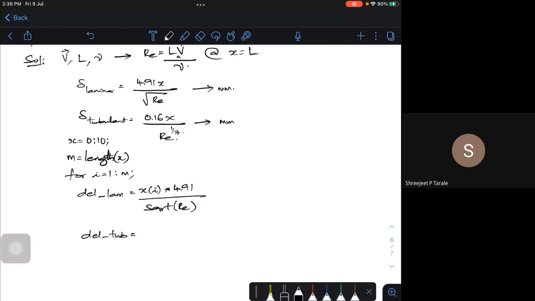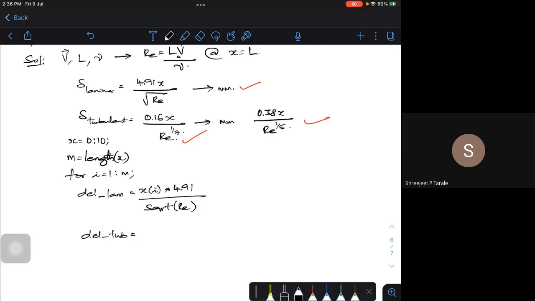There are two formulas. One is 0.16, and one more formula is 0.38 divided by RE to the power of 1 upon 5. Either you can use these formulas to calculate the delta turbulent, or for a given condition, these formulas have to be derived, or you can use what is available.